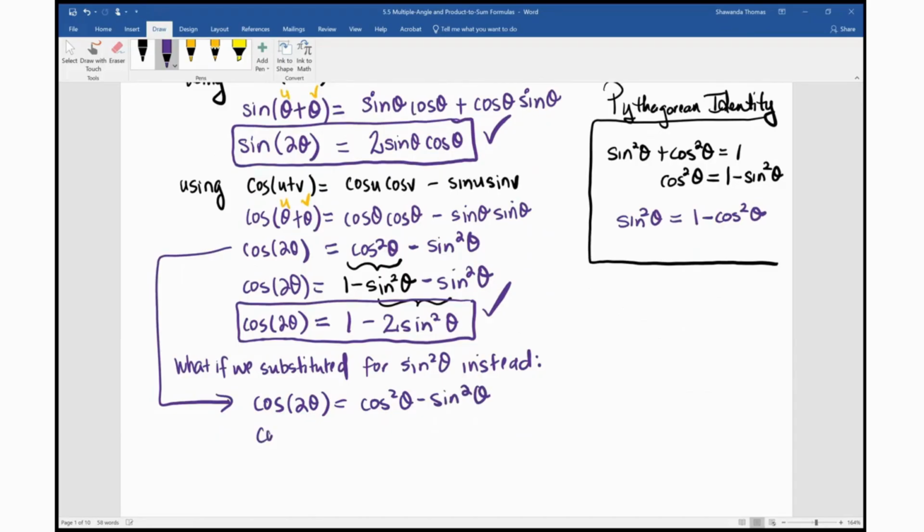And we made a substitution not for cosine squared theta this time, but for sine squared theta. Then that'd be 1 minus cosine squared theta on the inside of that.